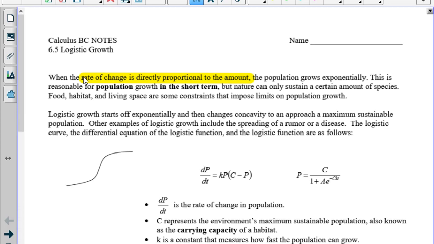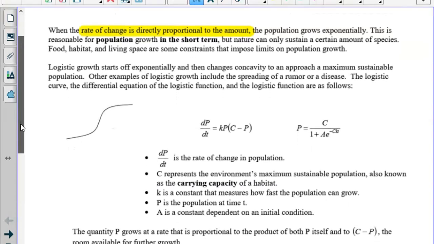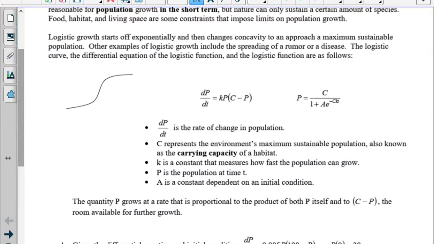It's reasonable for population growth in the short term, but then what ends up happening is we have food shortages or habitat limitations, living space, infighting, lots of different things that could constrain or limit the amount that a population grows. For example, another situation would be the spread of a rumor.